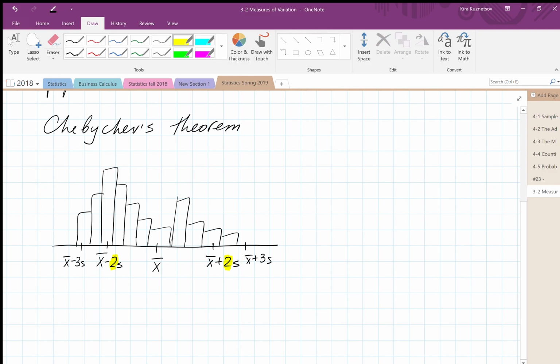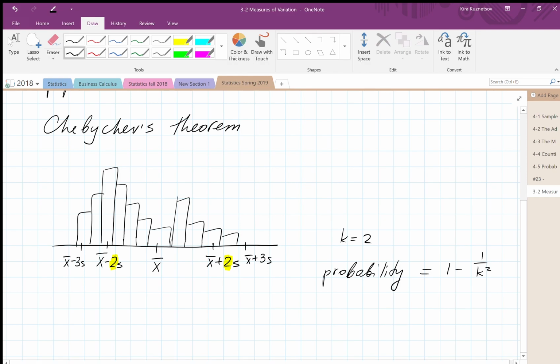I'm interested in being 2 standard deviations away, so for this particular example, I am setting k to be 2, because I'm interested in the probability given that I have moved 2 standard deviations away. What the theorem says is that the probability or proportion should be 1 minus 1 over k squared.